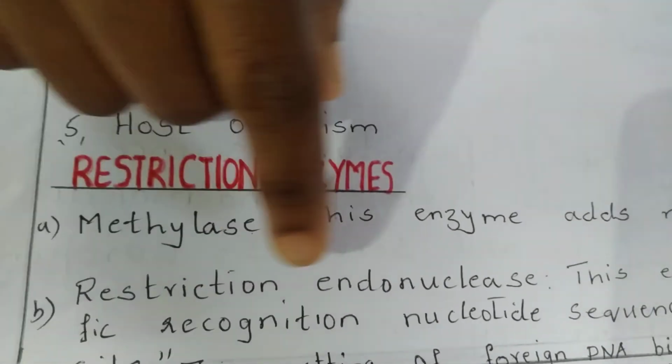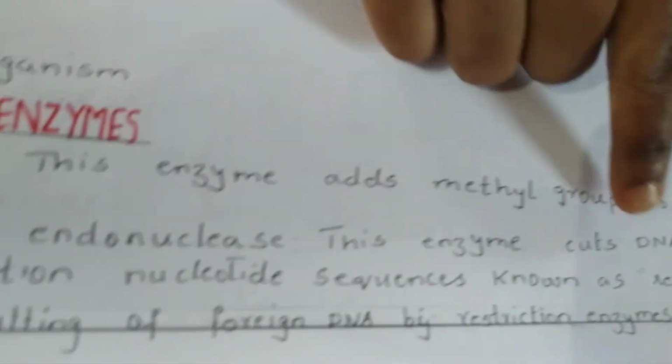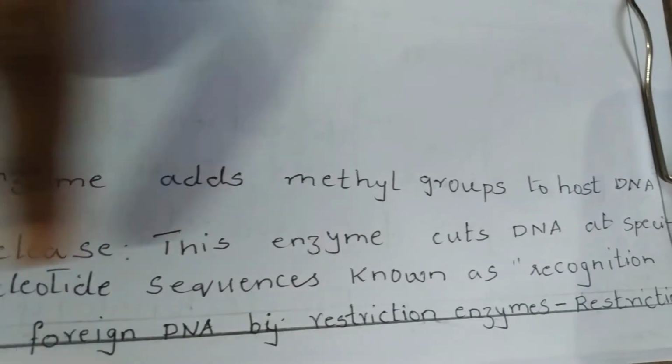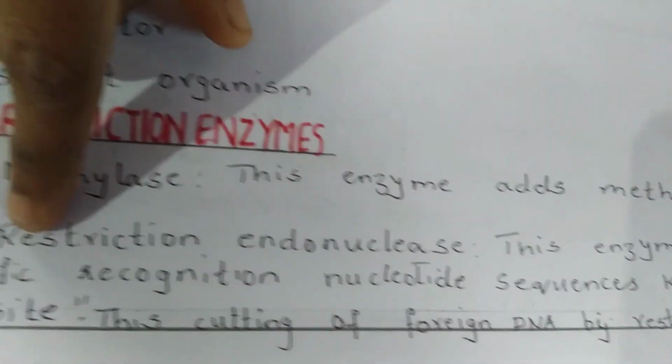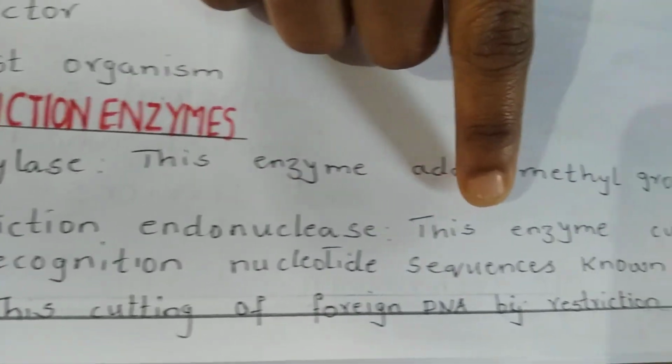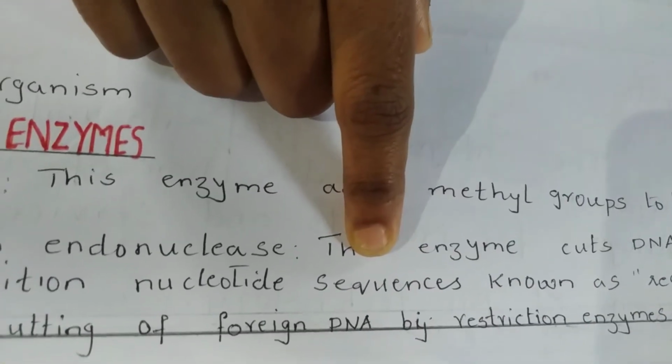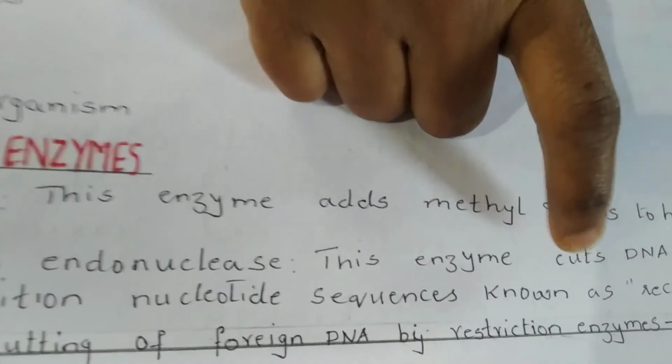These restriction endonucleases cut the DNA at specific nucleotide sequences, which are known as recognition sites.